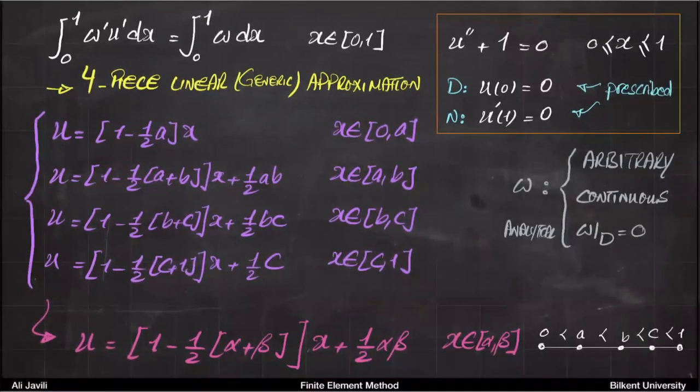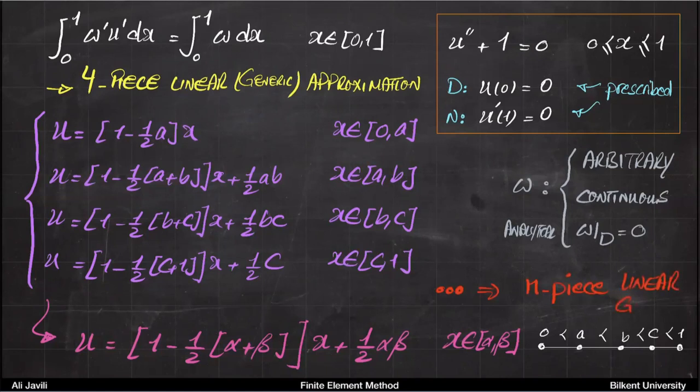So without doing it, I just write this claim. You can actually do it. But if you do it for not only 2-piece or 3-piece or 4-piece, you can just call it n-piece linear generic approximation.